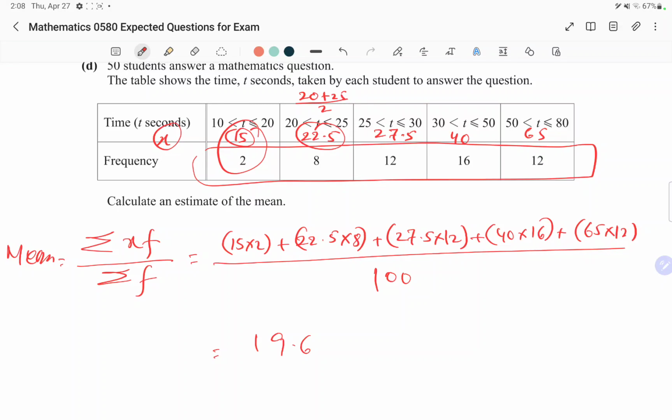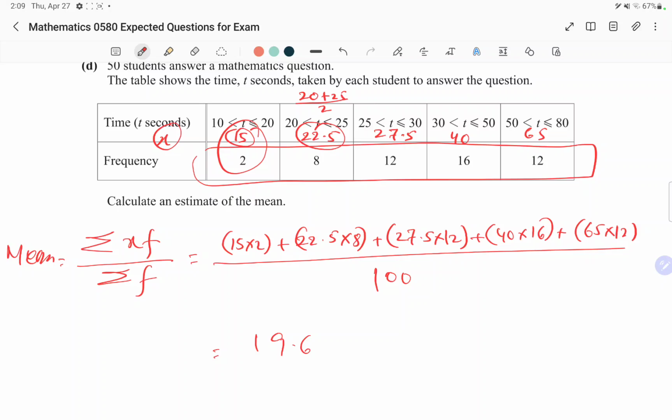So we have to check once again whether everything is all right or not, because it's just a calculation. You have to be very careful about your calculation. Let me do it again, because this type of calculation we should do twice. 15 times 2, that's 30, then 22.5 times 8, and check your calculator also whether it's typing everything correctly or not.